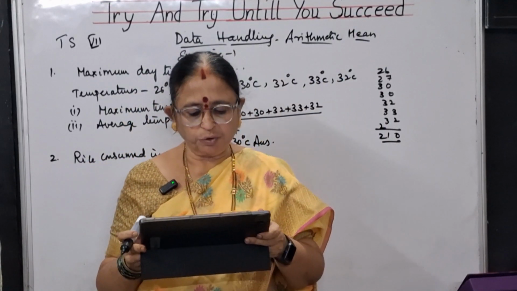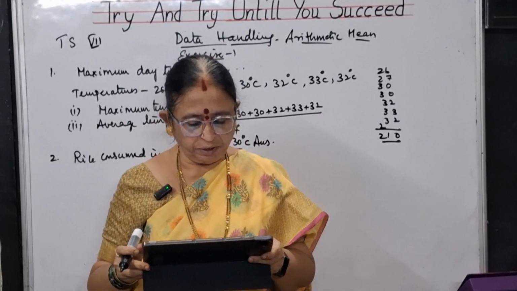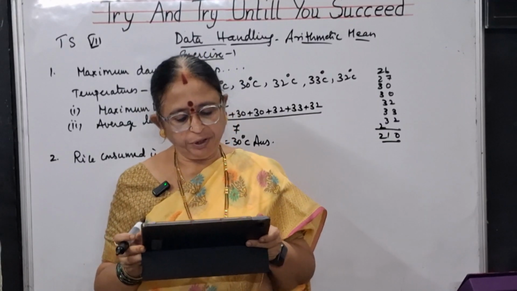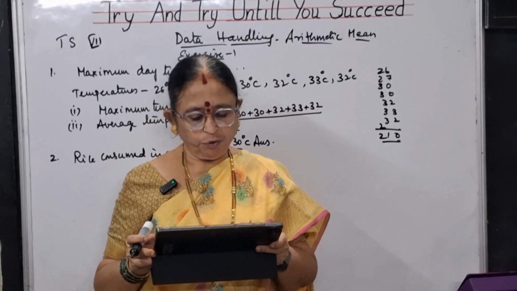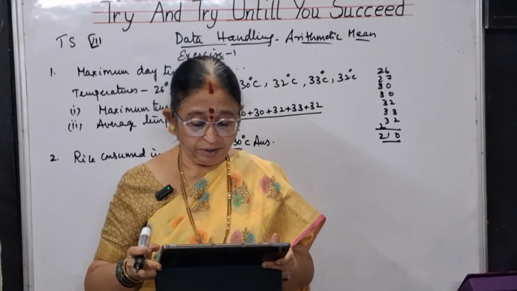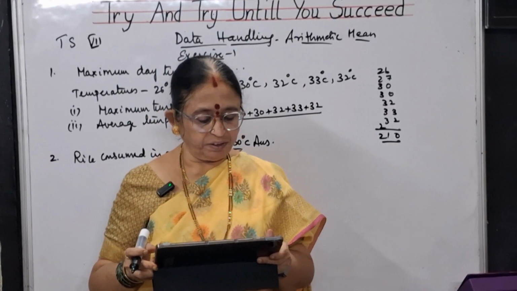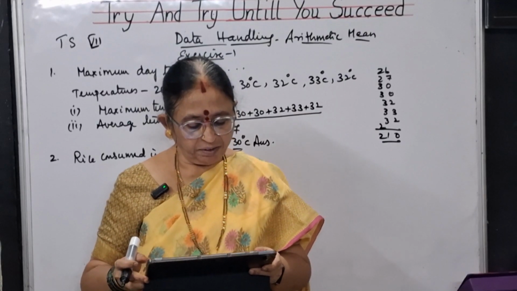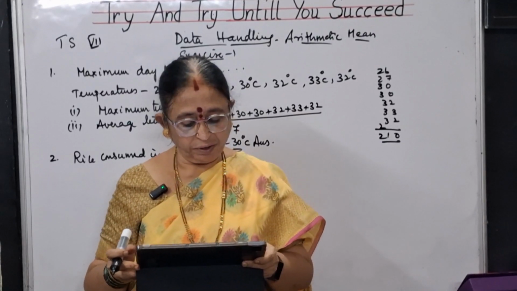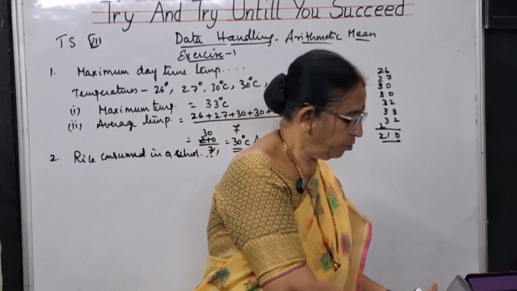Rice consumed in a school under the midday meal program for 5 consecutive days is 15.750 kgs, 14.850 kgs, 16.500 kgs, 14.700 kgs, and 17.700 kgs. Find the average rice consumption for the 5 days.